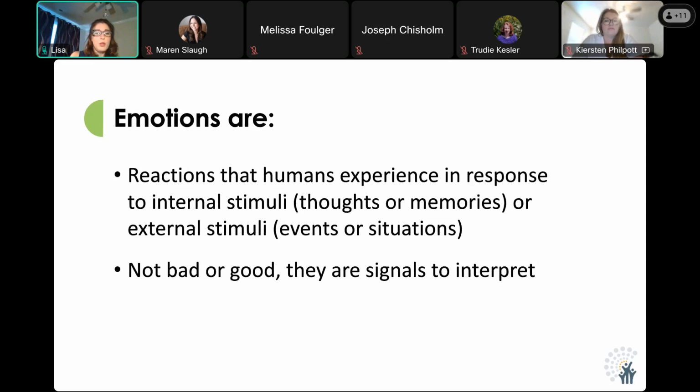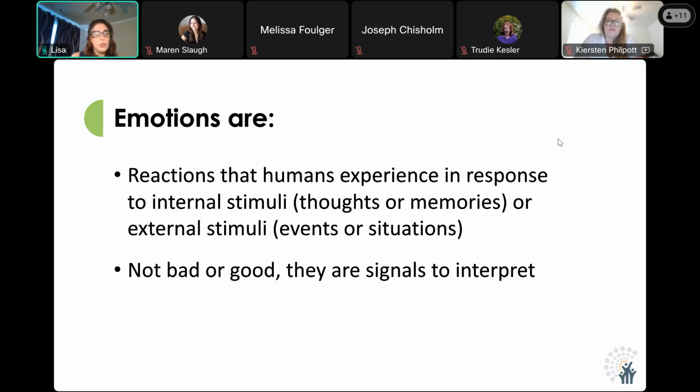The next thing to note about emotions is that they're not good or bad. This is important for adults as well as children. A lot of times we think of anger, sadness and frustration as bad emotions, and happiness, joy and excitement as positive or good emotions.